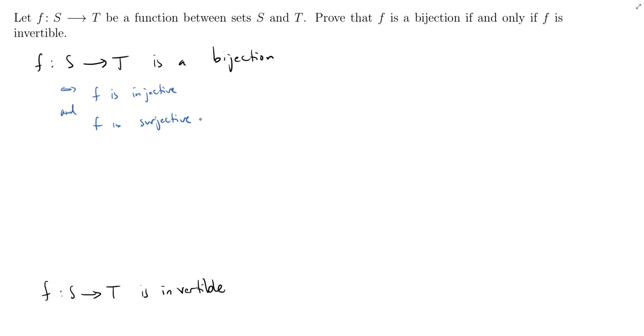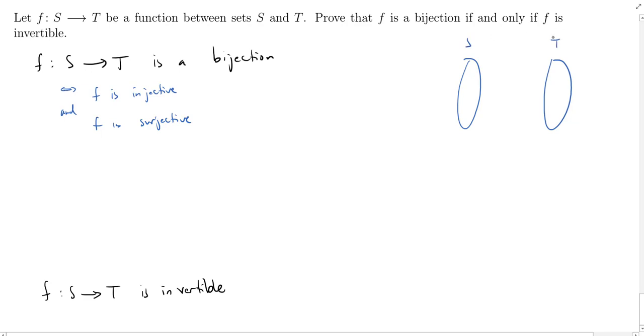So in the previous video, we talked about how an injective function was a codomain condition. You look at each element in the codomain, and there needs to be at most one arrow going into it. So when we drew pictures, we said, okay, you have an S and a T, and you have some points over in T, and to be injective, you can't have more than one arrow going into each point.